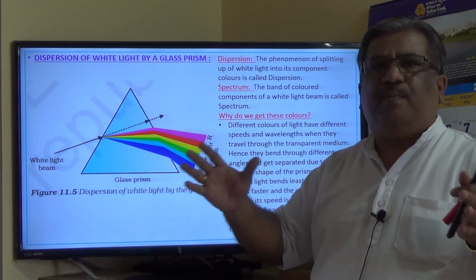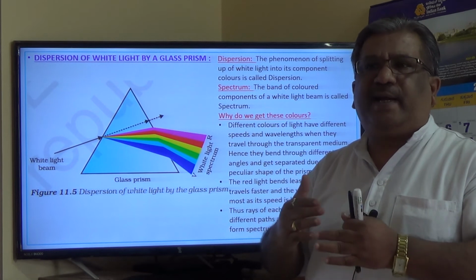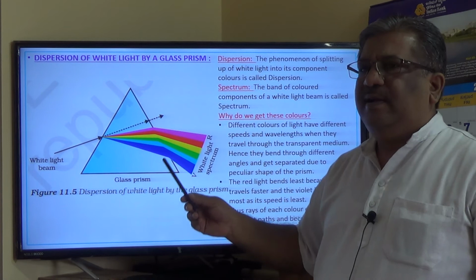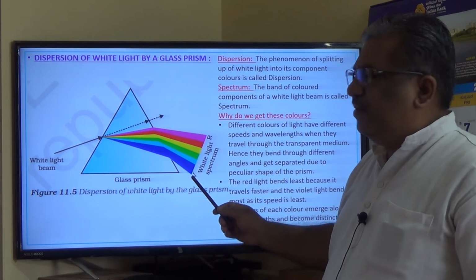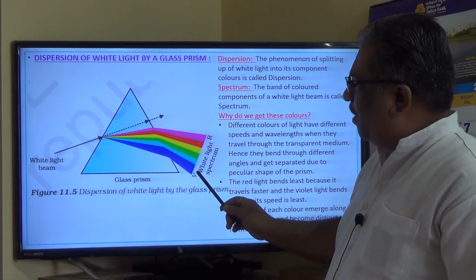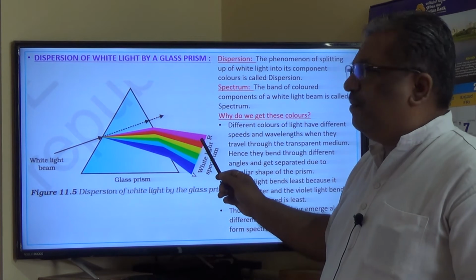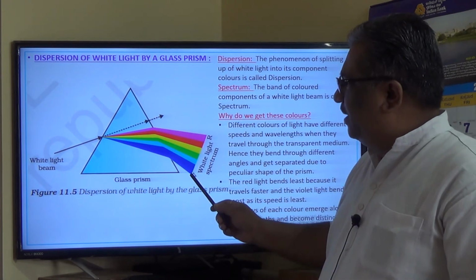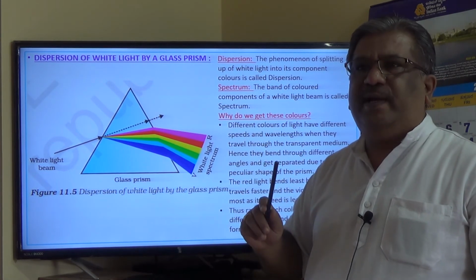All these waves put together form the electromagnetic spectrum. But what we see here is the visible spectrum of white light, the wavelength of which varies from approximately 400 nanometers for violet to 750 to 800 nanometers for red. The wavelength of violet is lesser, the wavelength of red light is more. That we need to remember.